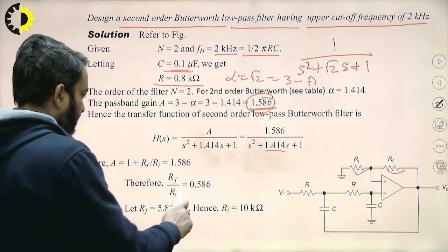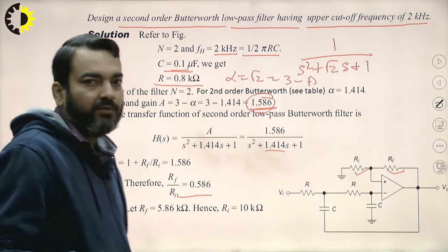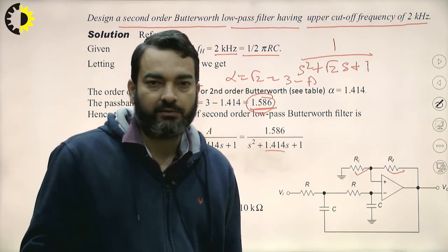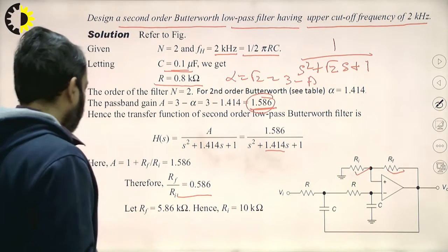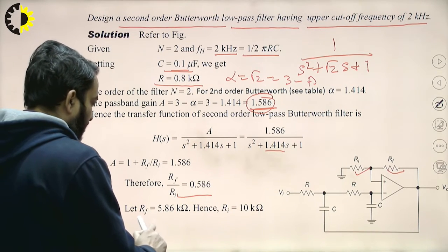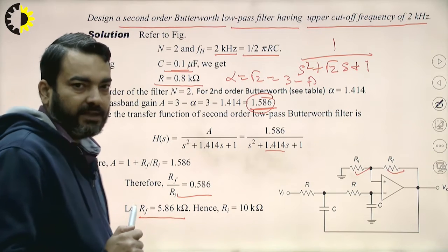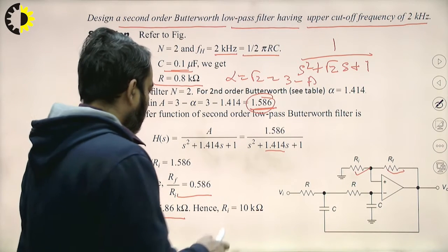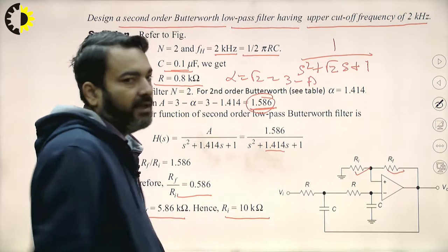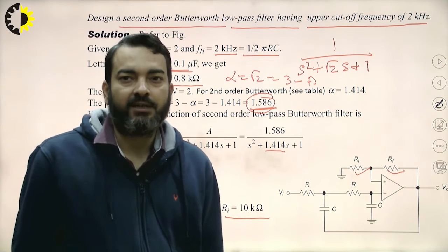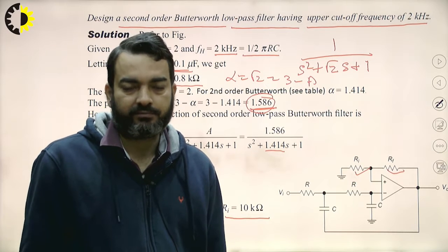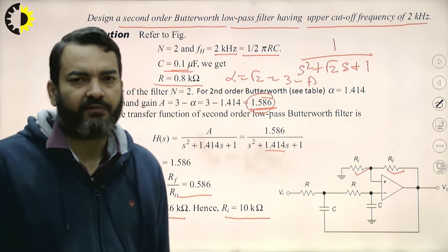Again we have to assume one component value and we get the second one. Here we have taken, let's say, RF as 5.8K, then RI will be 10K. This way we can design a Butterworth filter of any order.